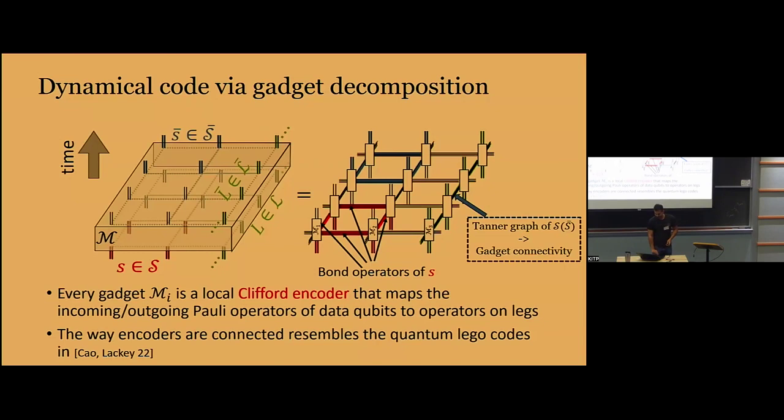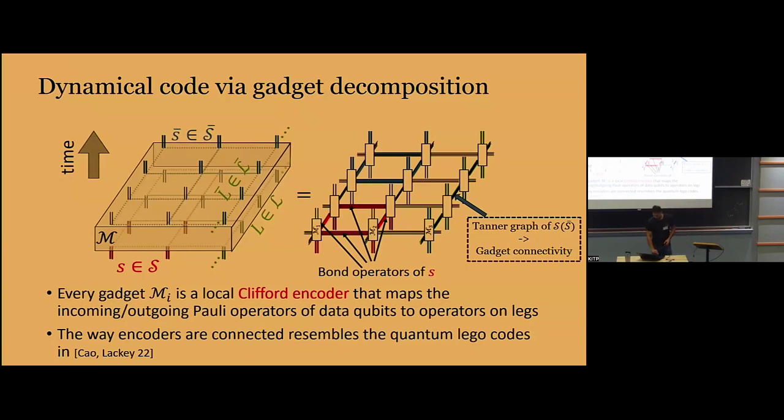And furthermore, we can decompose this global gadget, this gadget M, into local gadgets, which are shown on the right side. And these local gadgets are connected to each other with these legs that I will call internal legs. And each of these local gadgets is a Clifford encoder. It maps the incoming and outgoing Pauli operators sitting on these legs onto Pauli operators sitting on these internal legs.